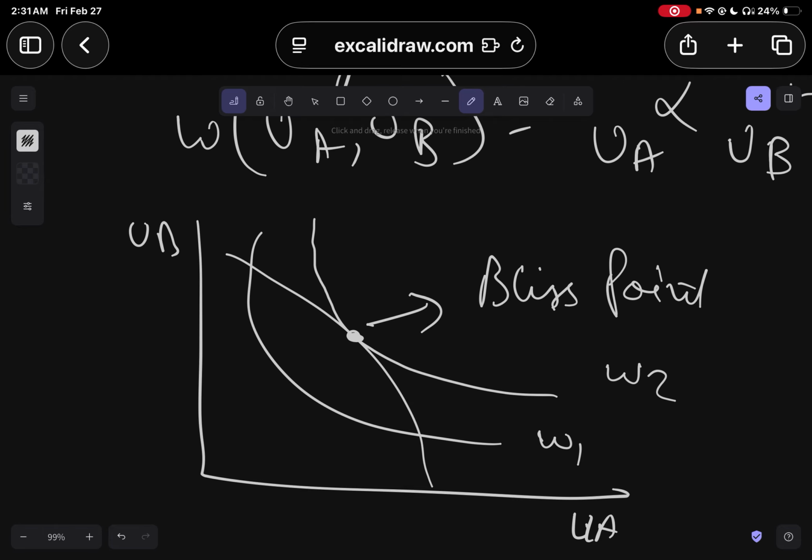The point at which the economy reaches maximum social welfare with a given GUPF, Grand Utility Possibility Frontier, represents Pareto efficiency in general equilibrium.